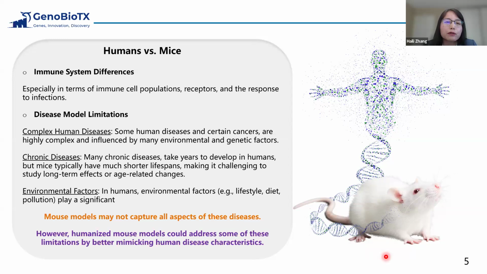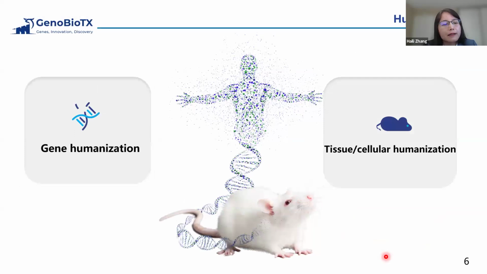One strategy to address this limitation and optimize animal models is the development of humanized animal models, allowing for more accurate representation of human disease processes and responses to treatment. So what is humanization? Basically, there are two approaches for humanization.